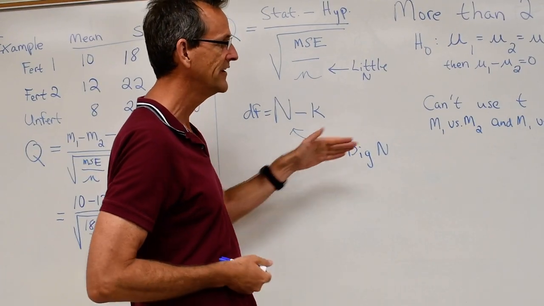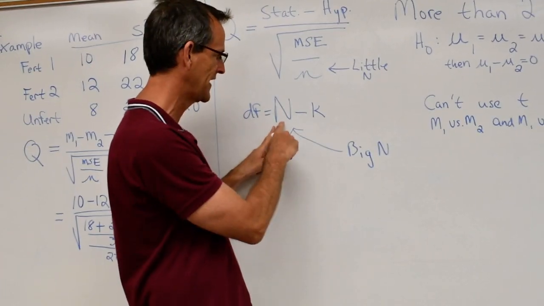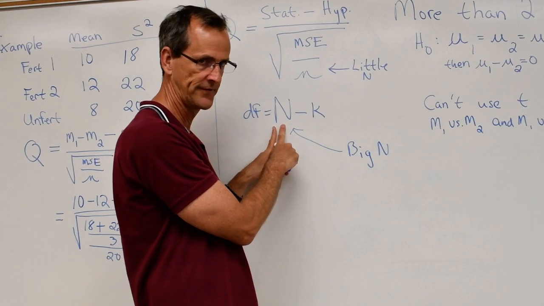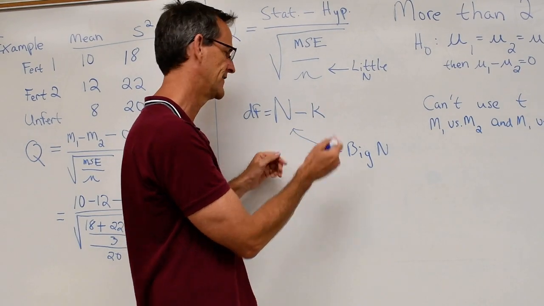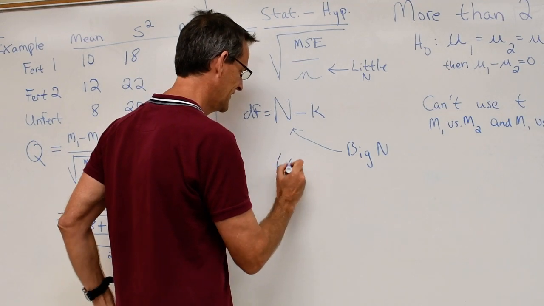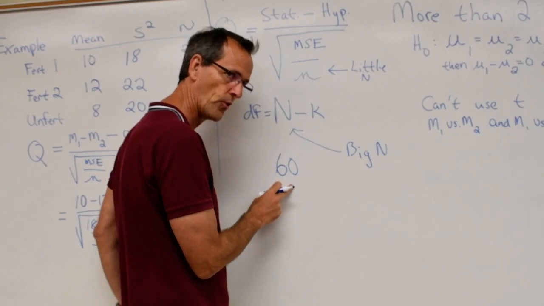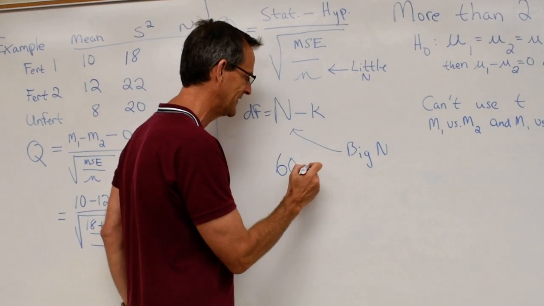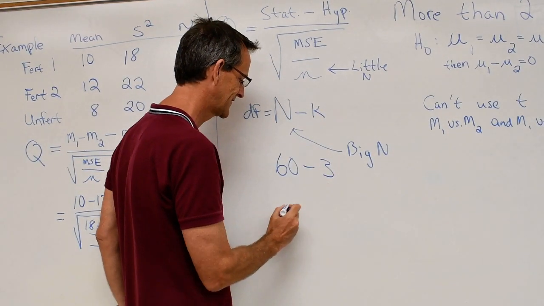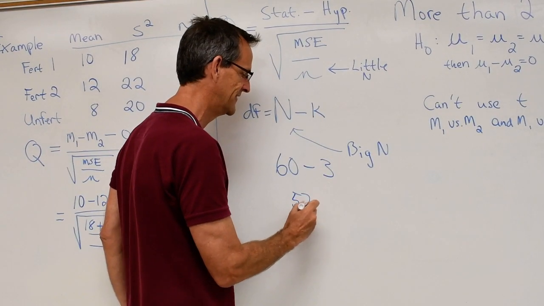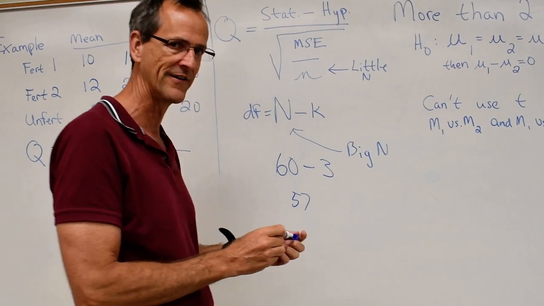This time around, if we're working with 3 groups, 20 in each group, we'd have 60 plants minus 3 groups. So that would be 57 if you're making 3 comparisons.